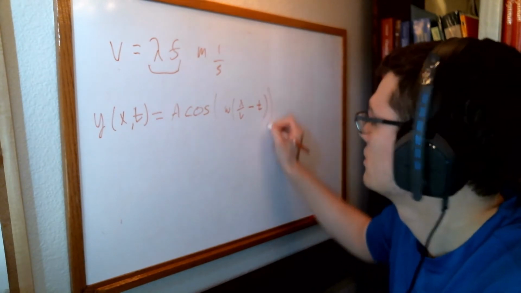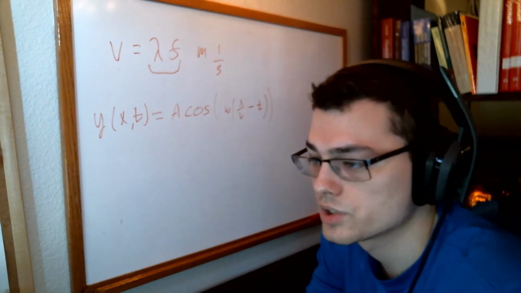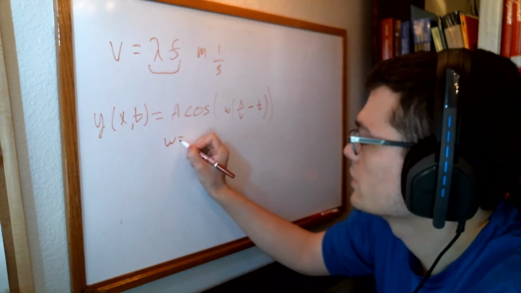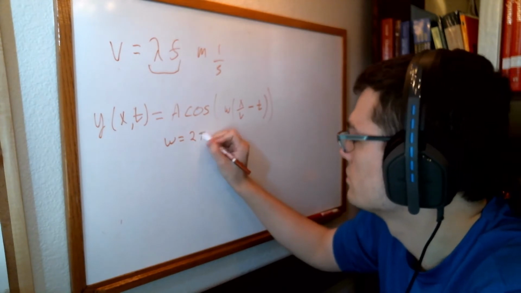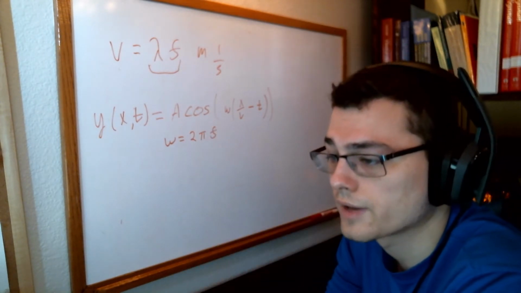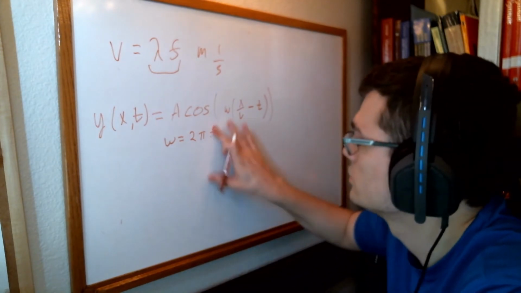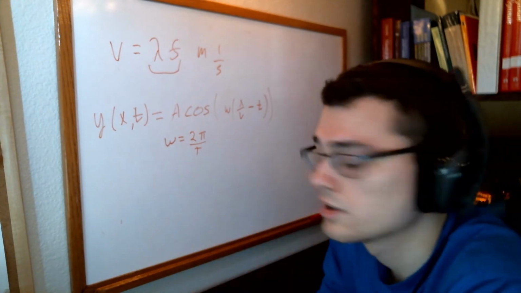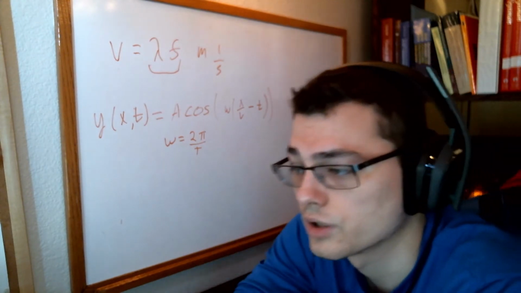This is our basic wave equation. One thing we can do to manipulate this equation is remember that omega is equal to 2 pi f, or omega can be equal to 2 pi over T. Plugging that in will give you a slightly different equation.